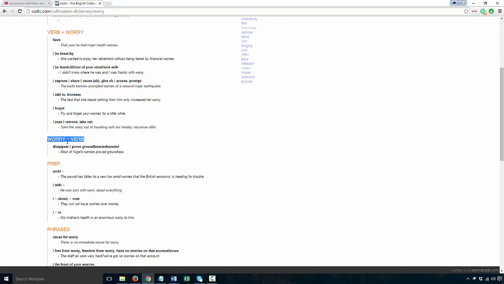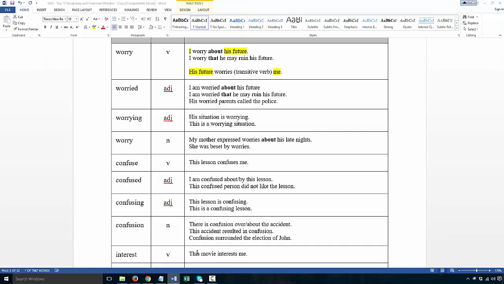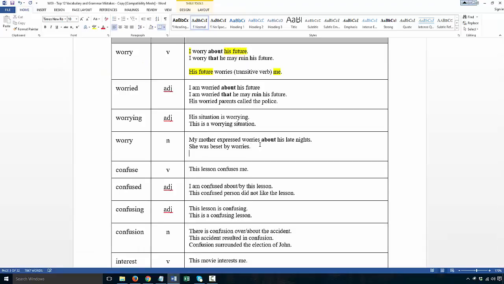If you want to put worry as a subject, what kind of verb? Disappeared, proved unfounded. So worries, his worries. So you could write something like his worries about something disappeared after his sleep.